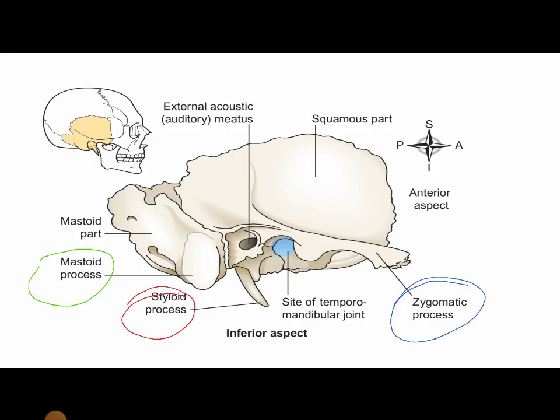You can see part of the view of the temporal bone: the mastoid part, mastoid process and styloid process. This blue area is the site for the temporomandibular joint. Also you can see the zygomatic process.